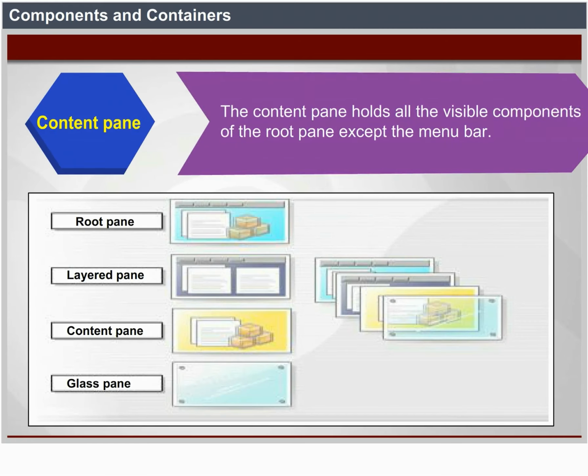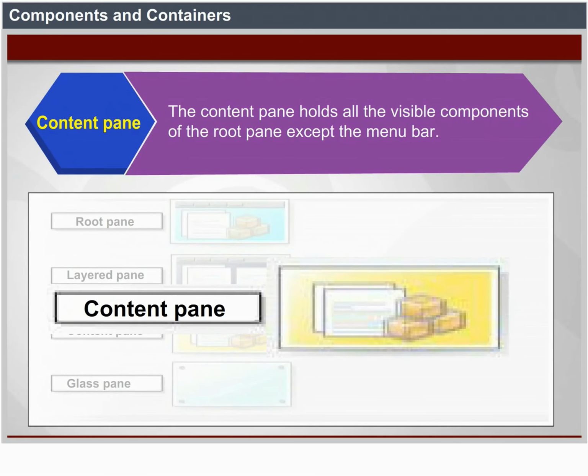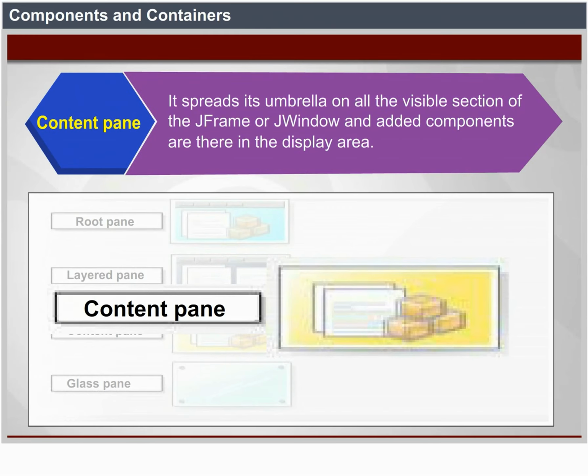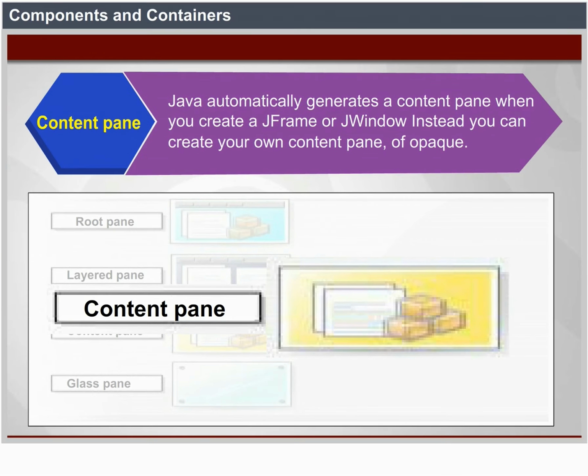Content pane. The content pane holds all the visible components of the root pane except the menu bar. It spreads its umbrella over all the visible section of the JFrame or JWindow, and added components are there in the display area. Java automatically generates a content pane when you create a JFrame or JWindow.